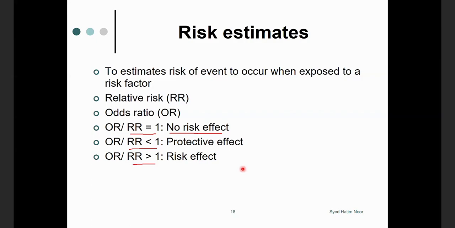For example, if you got an odds ratio of 3, smoking means 3 times higher chance to develop heart disease compared to non-smokers. You can say higher odds or higher chance, but don't use higher risk, because risk is for relative risk, the true risk.